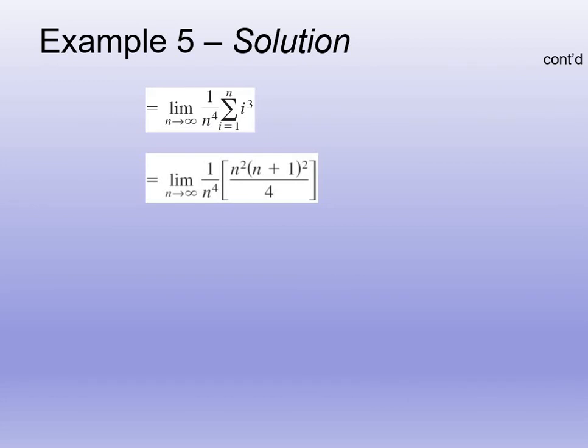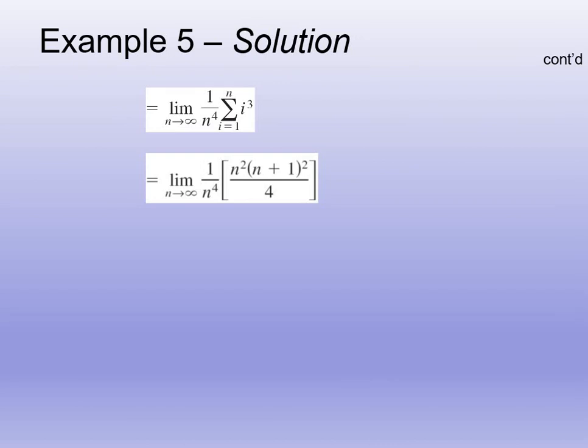Remember, there were 3 rules: the exponent on the numerator was greater than the exponent on the denominator, or the exponent on the numerator was the same as the exponent on the denominator, or the exponent on the numerator was less than the exponent on the denominator. If you need to review section 3.5, go back and do it. But those were the three scenarios that we did as the limit as n approached infinity.